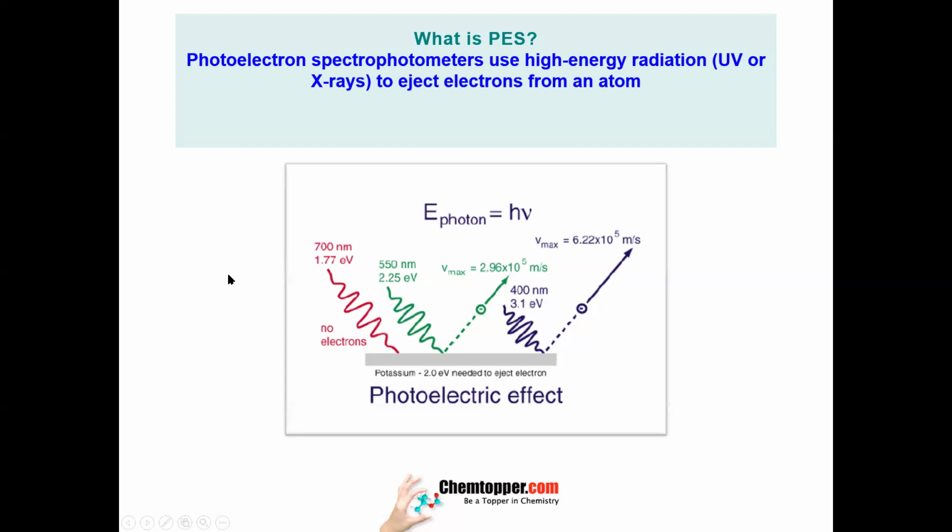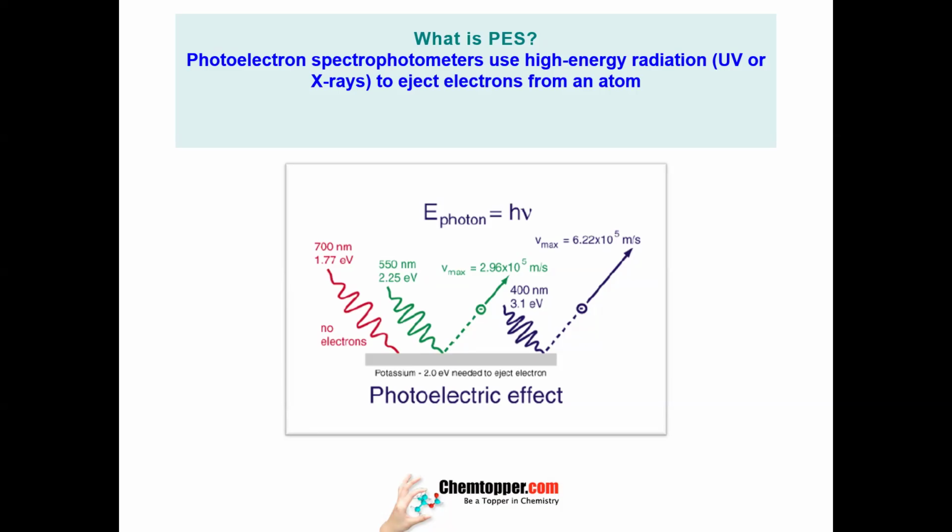Now we are on the next topic. We call it PES, photoelectron spectroscopy. Okay, you have done the electron configuration. You have understood that there are some configurations which are stable because of fully filled subshells or exactly half filled subshells.